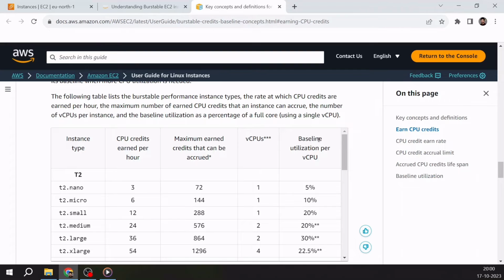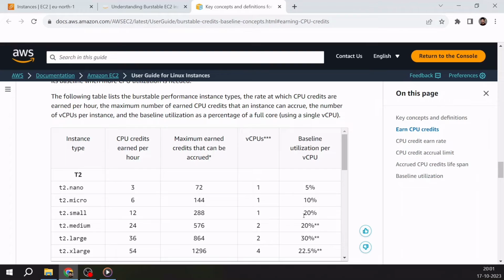Okay, and what will happen if at a certain time your APIs or your application which is running on EC2 gets more requests and your CPU utilization goes high, maybe 30%, 50%? Since you have already earned those credits when your instance was underutilized, AWS will use those earned CPU credits to support additional CPU utilization.